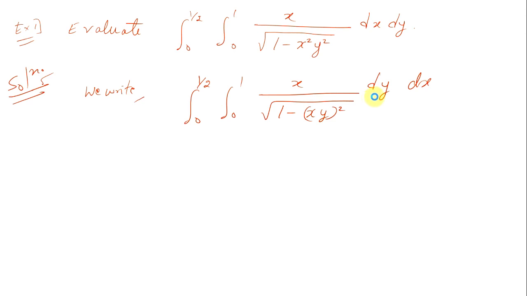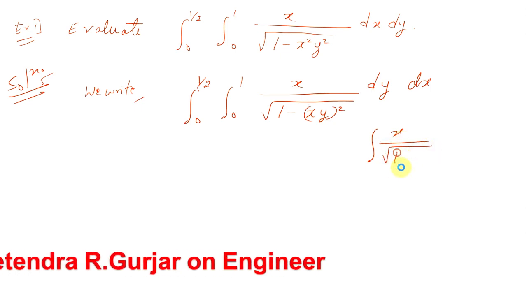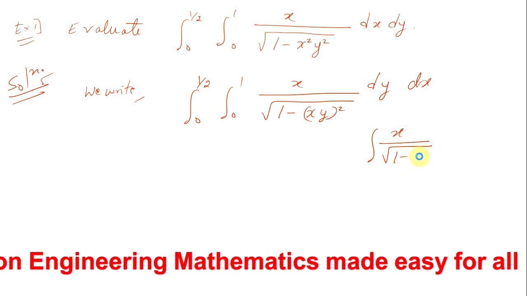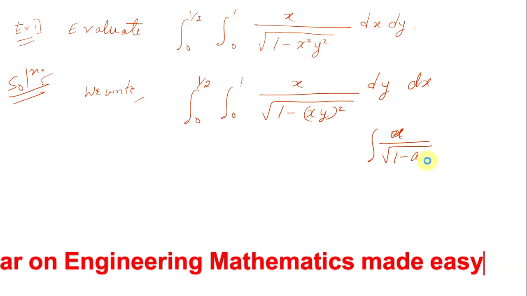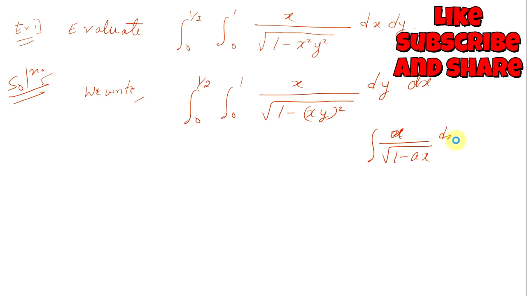Looking at this example, friends, we can easily find the integration of x divided by square root of 1 minus, so we can take x as the constant a, so this will become ax dx.